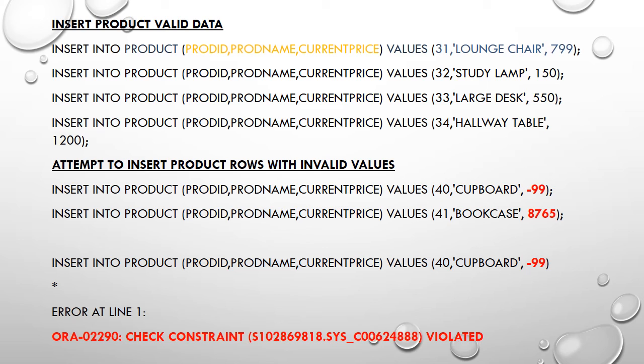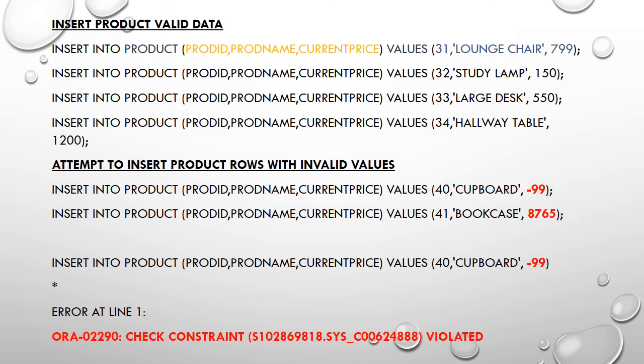Now I'm going to show you how to insert data into the product table. For valid data, INSERT INTO product ID, product name, current price, written in yellow color, and the values are 31, launch share, 799. Down here, you are shown an attempt to insert product rows with invalid values. The price is restricted to between 0 and 5,000.